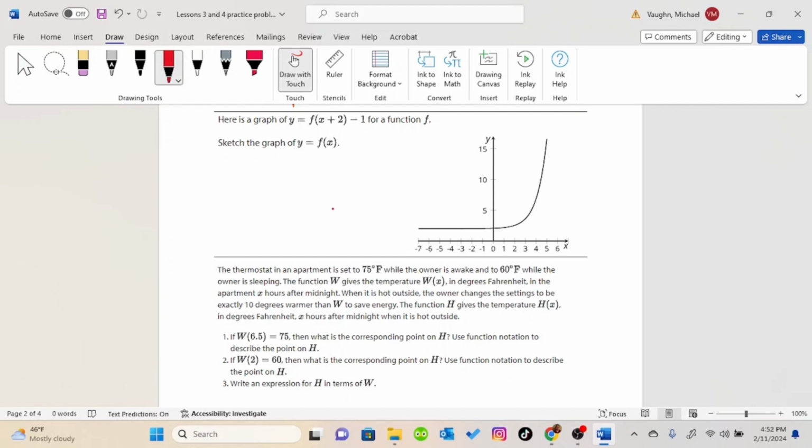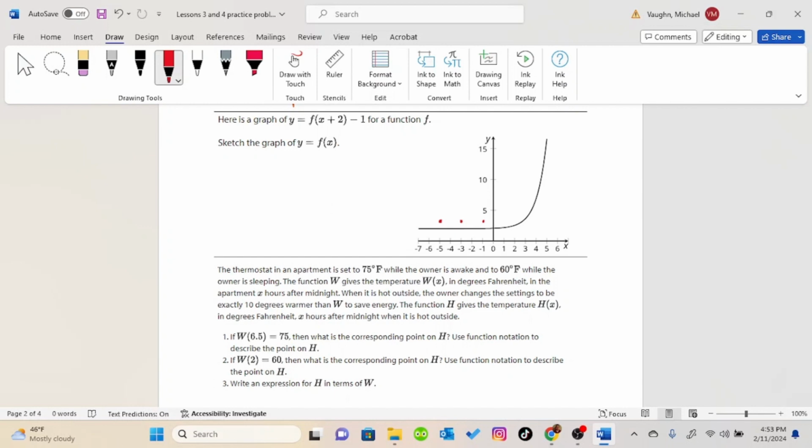This point at -7 would need to be shifted to the right 2 and up 1, and we could put a point. This point at -5 would need to go right 2 and up 1. This point at -3 would need to go right 2 and up 1.